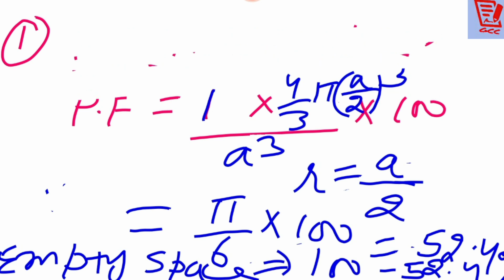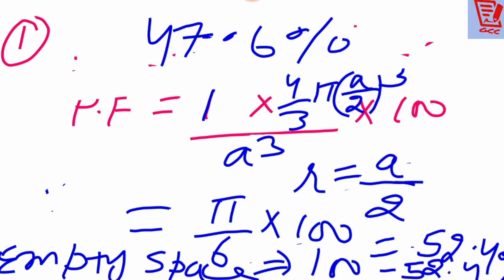That will remain 47.6%. This is the empty space in a simple cube. I hope you all have understood this. Okay students, now we will move towards the next one, which is BCC.